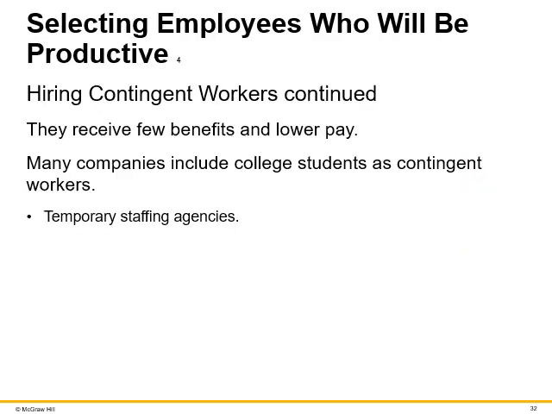So as we talked about with contingent workers, some of the reasons they're hired is because they don't always receive benefits and accept lower pay. Many companies might include college students as contingent workers through a temporary staffing agency. But like we talked about, in some organizations, it's not lower pay that brings those contingent workers in.